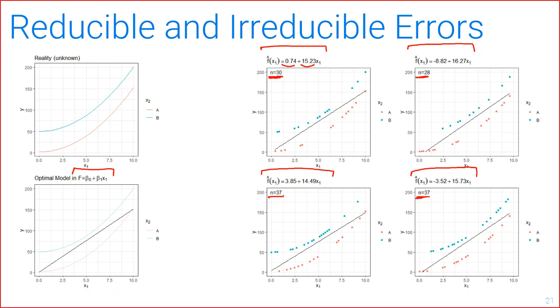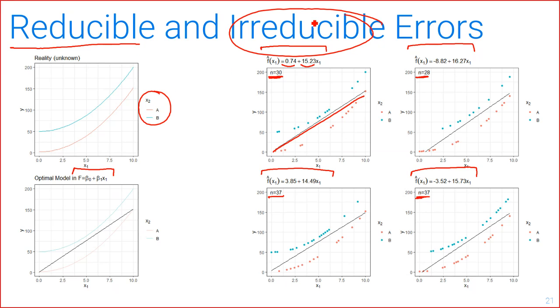However, in this other case, we also have the error that brings us to the point of modeling a quadratic relationship as a line, and that introduces a certain degree of error that we can reduce. So going from the linear models to the quadratic models is going to allow us to reduce the error, but still, because we do not have x2, we are going to have this irreducible error anyway. So this is just an example of the difference between reducible and irreducible.